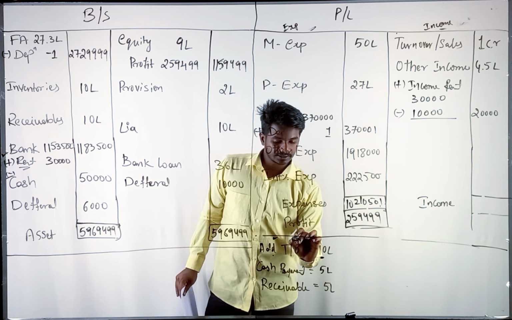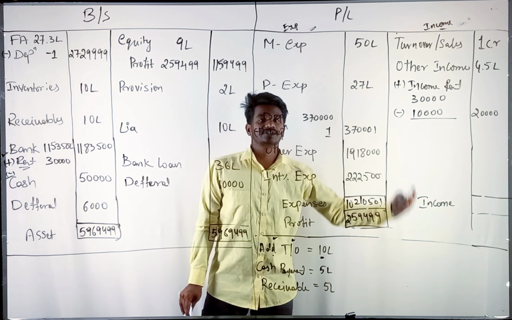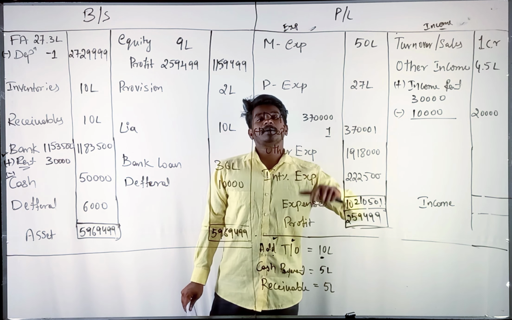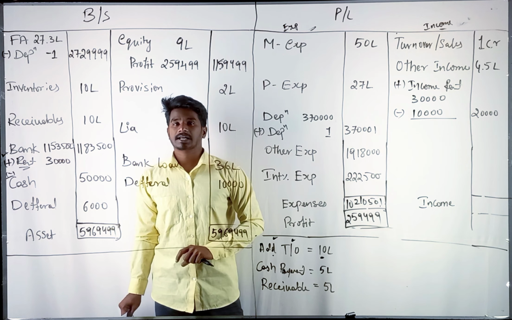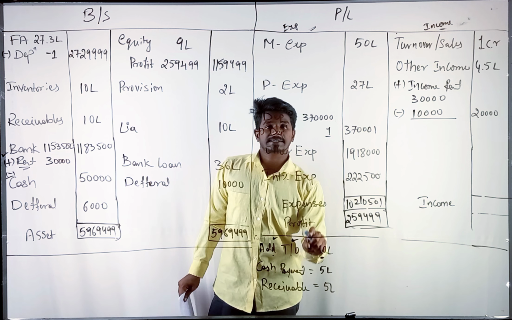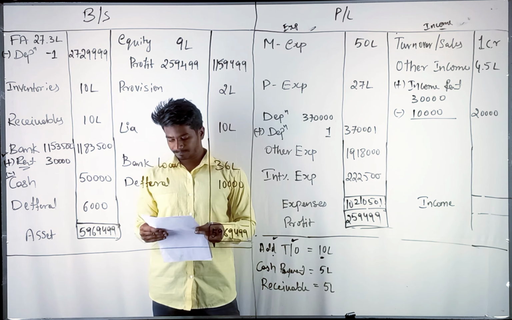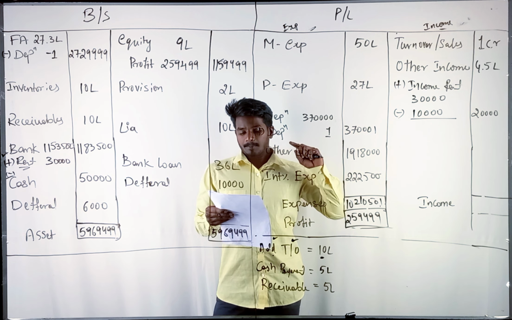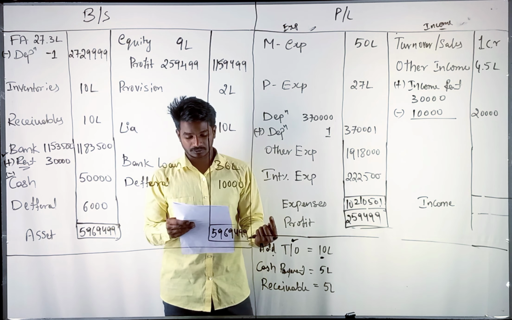Because of this additional turnover, if we make more sales, we should produce more, right? For production more units, we need material, right? For this, to achieve this 10 lakh rupees sales, we have used some additional material. So how much it is? Additional use of material equals 50% of additional turnover.